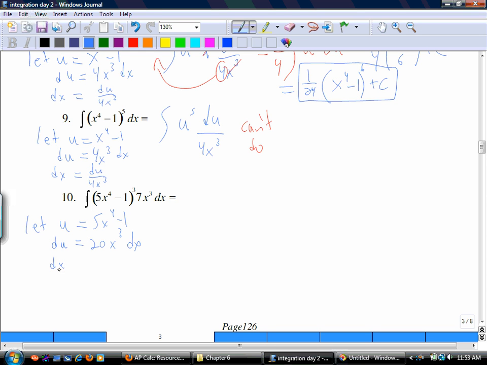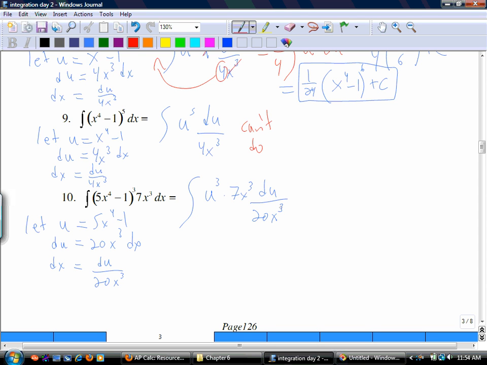So that means that dx is going to be du over 20x cubed. Integral of u cubed times 7x cubed du over 20x cubed.